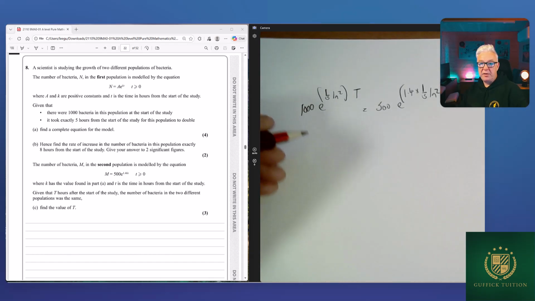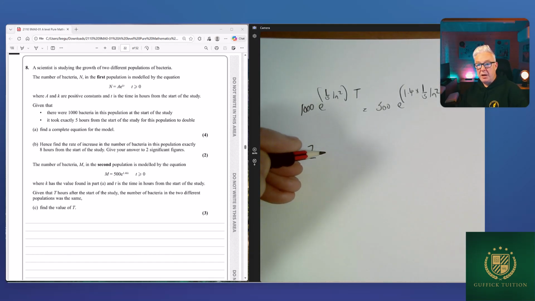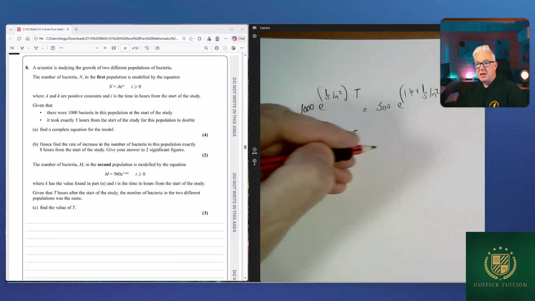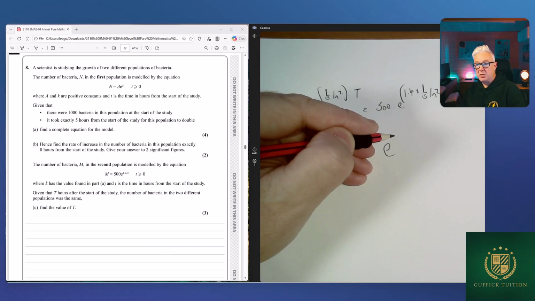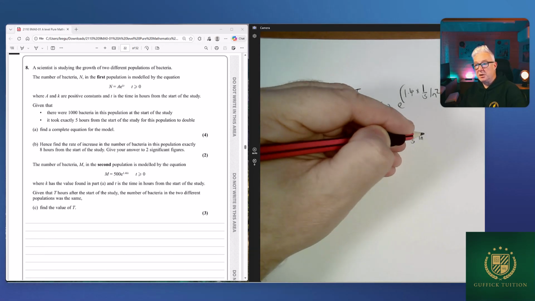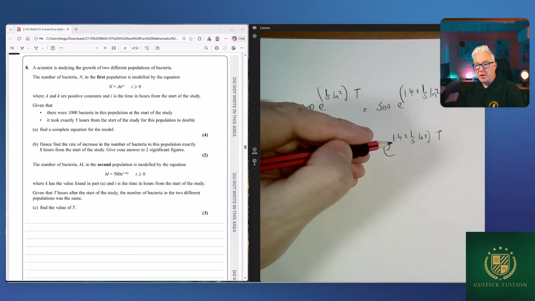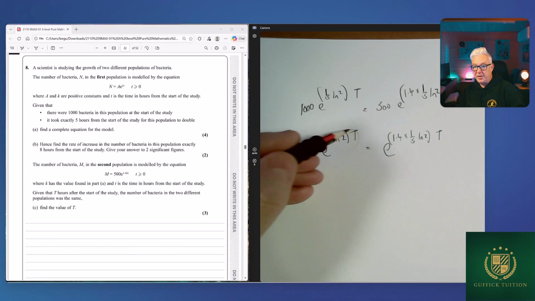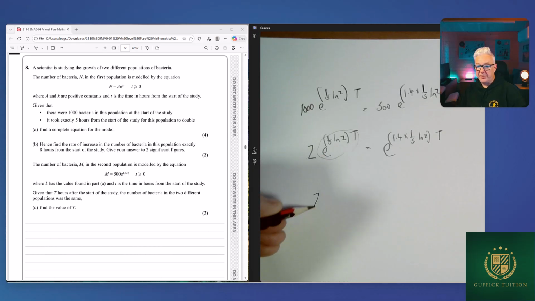So we're going to have 2 e to the 1/5 ln2 t is equal to e to the 1.4 times 1/5 ln2 t. This is the point at which sometimes students get a little bit confused about where to go from here. What we're going to do is divide both sides by this, just to make 2 the subject on the left hand side.